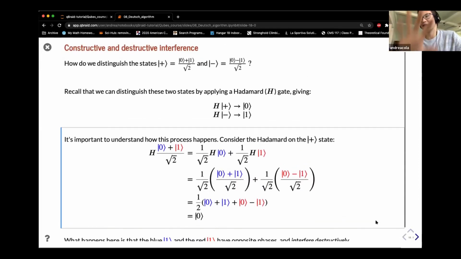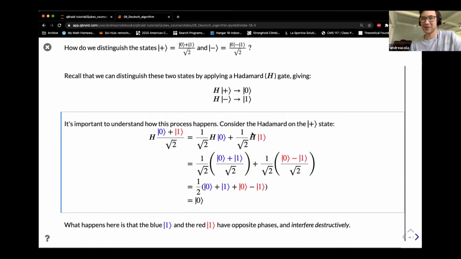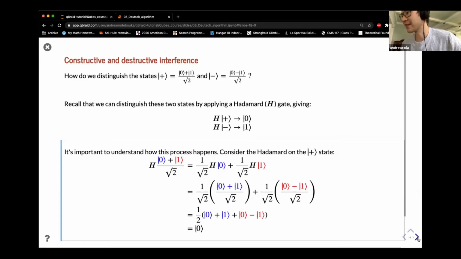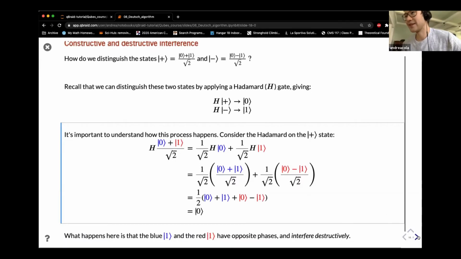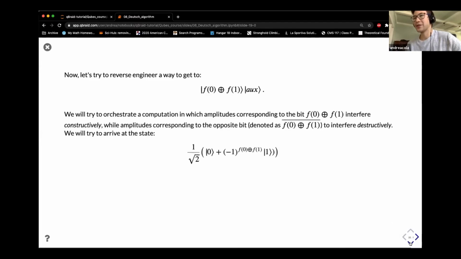So far everything should be clear: these plus and minus states can be distinguished, all good, right? Okay, so now I'm actually going to try and reverse engineer a way to get to the state here at the bottom.